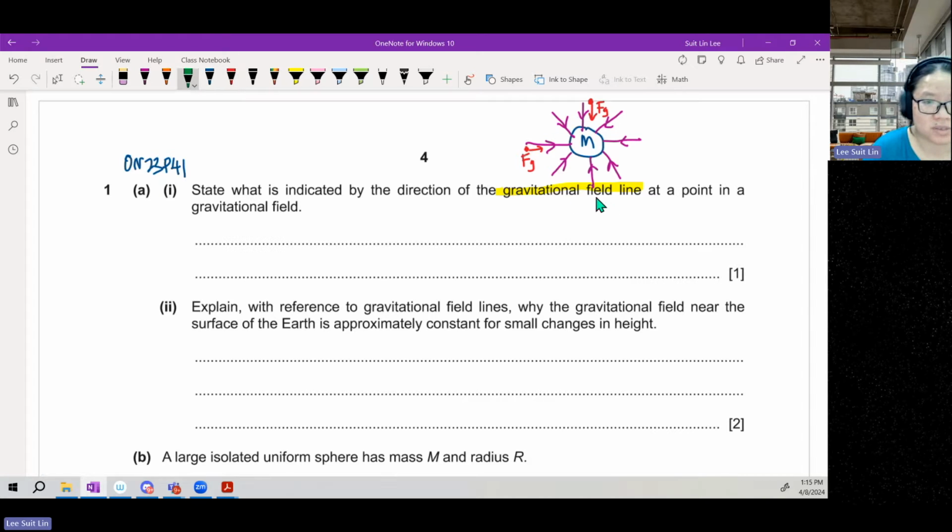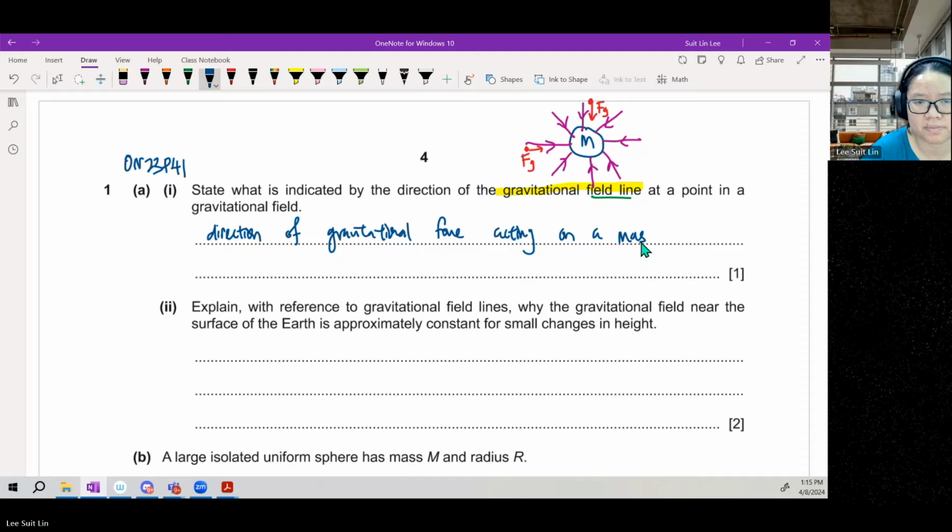So it's very important to understand that the line here tells us the direction of gravitational force acting on a mass placed at the point.